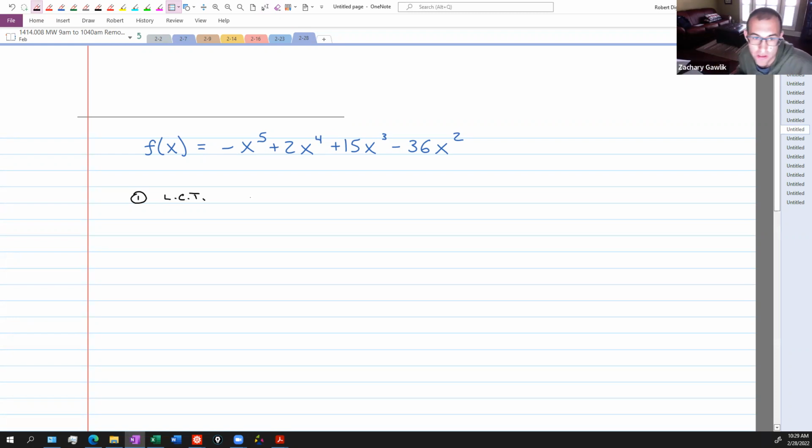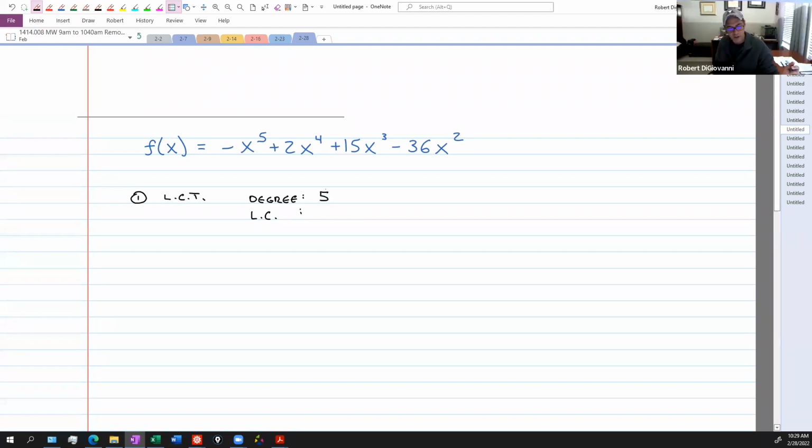We're going to look at the highest power, which is called the degree, and then the leading coefficient. So what is the degree of this polynomial? That would be 5. Okay, and then the leading coefficient? -1. Yeah, it's the number in front, -1. Good.